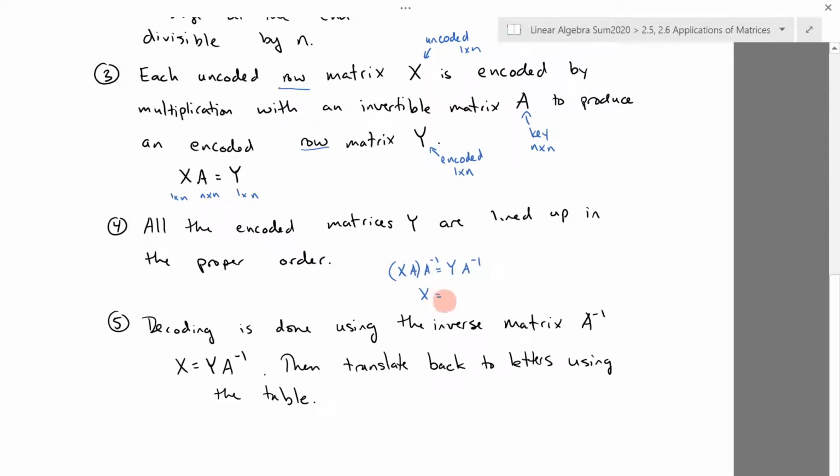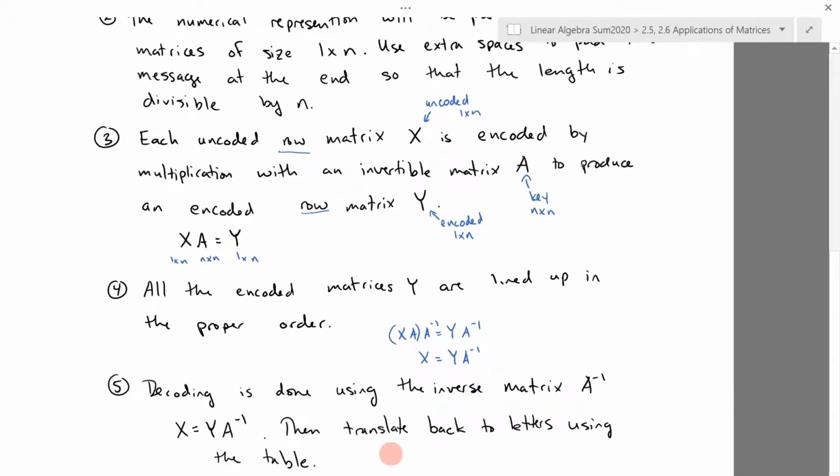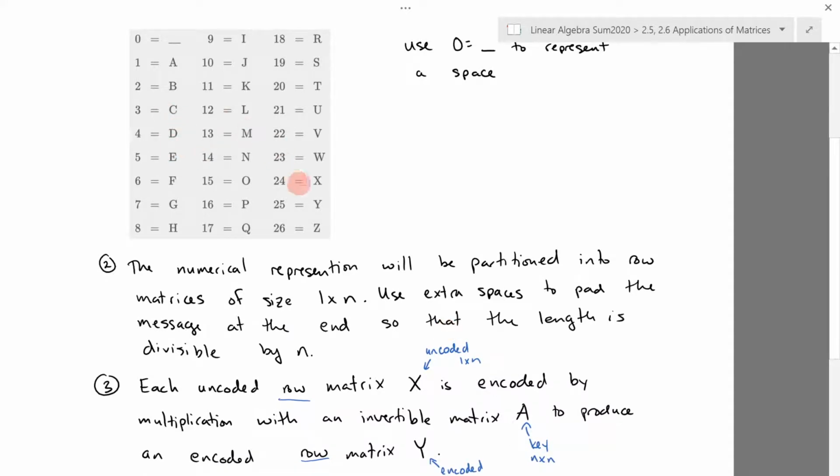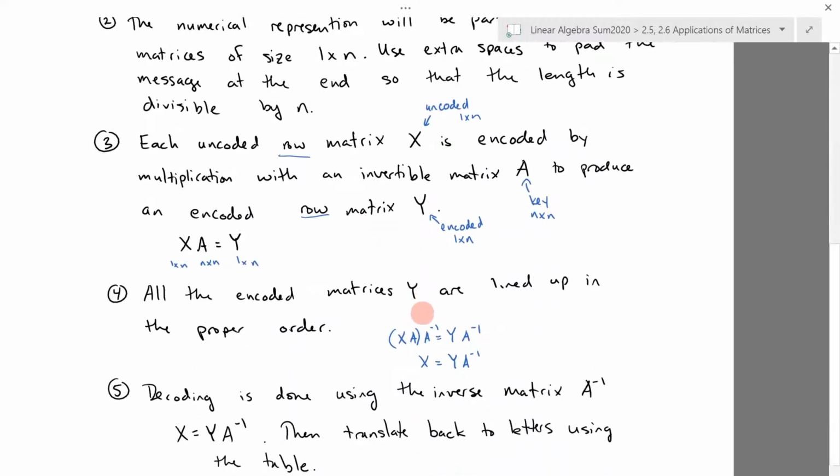Then you get the equation X equals Y A inverse. If we do this multiplication, A inverse times Y on the right, that'll recover the original unencoded matrix X. And X is going to be in the form of numbers, so then you can get the original message in letters by using the table to translate it back.